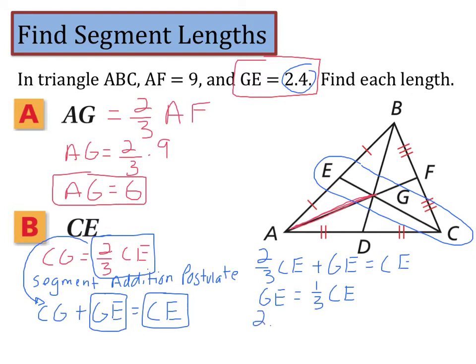So we have 2.4 equals 1/3 CE. Now we have to isolate CE, so we multiply both sides by 3. And our final answer is CE equals 7.2.